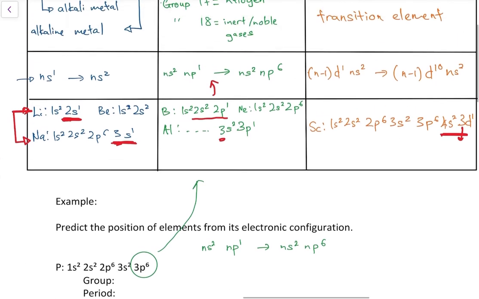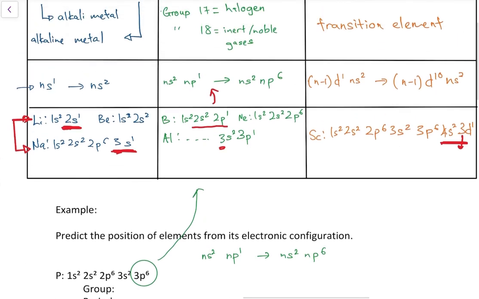Something I need to add is that if you have ns2 np1, the valence electron count is going to be 3, right? For the naming, you need to add 10, so the elements that have 3 valence electrons are going to be group 13.